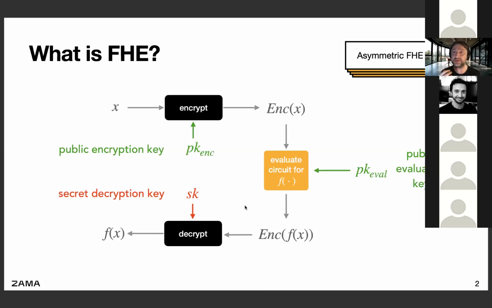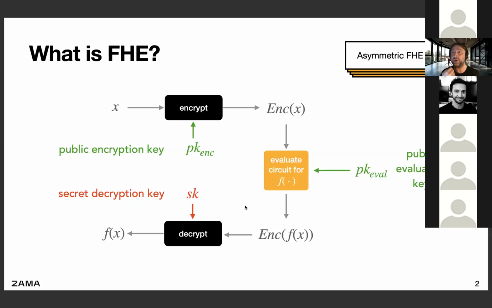There is also this, I would say, asymmetric flavor of FHE, where instead of using the same secret key to both encrypt and decrypt, you actually have a public key for encryption. So this is really reminiscent of regular public key encryption, where anyone can encrypt, but you're the only one having the decryption key. And using this kind of FHE is very, very useful because you can let other people than yourself provide data encrypted under your key.